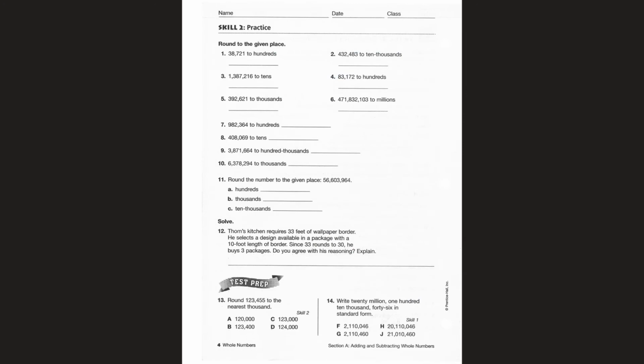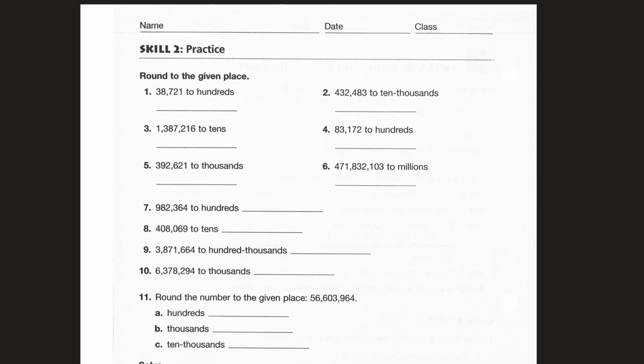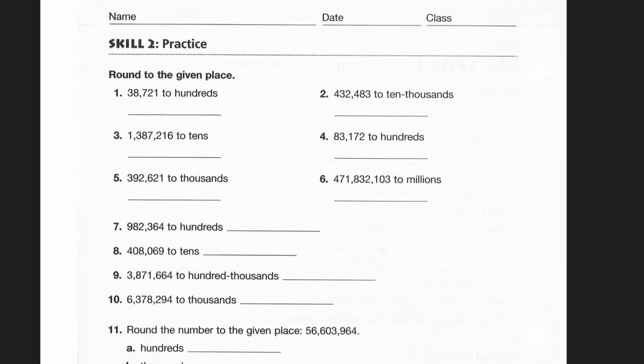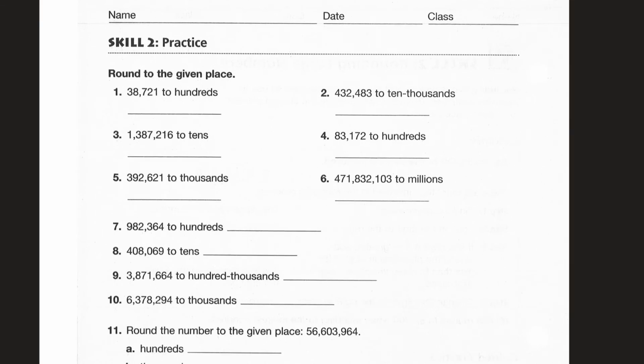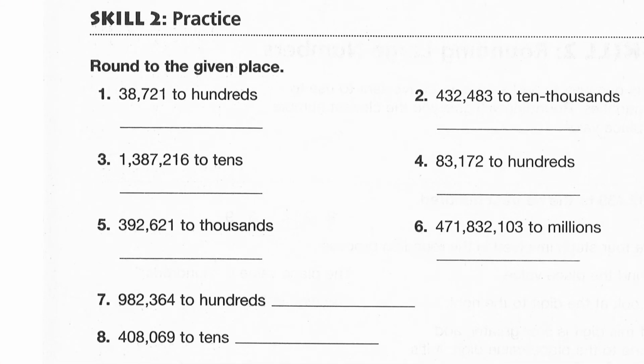Let's look at some main ideas from this page here. We were rounding to the given place. So here we have to round to the hundreds place. We have to find the hundreds place, and it is right here. We should be pretty good about finding those place values. And we look to the number to the right, and that is 4 or less.